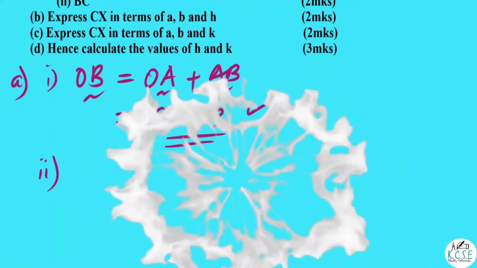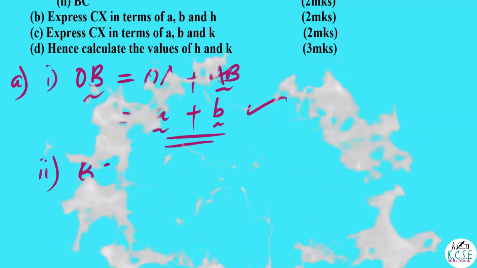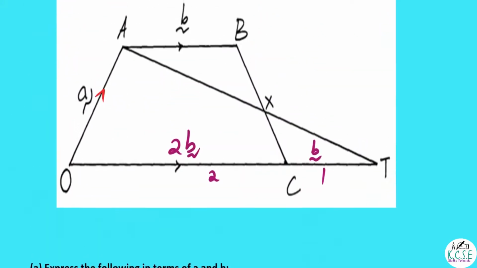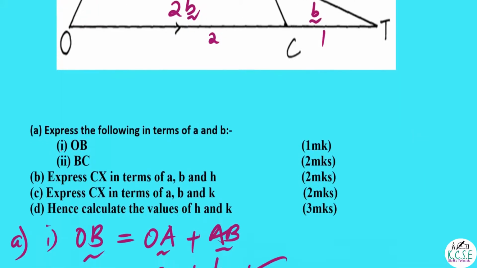The second part is BC. So from the diagram, to move from B to C, we are going to follow this route: BA plus AO plus OC.